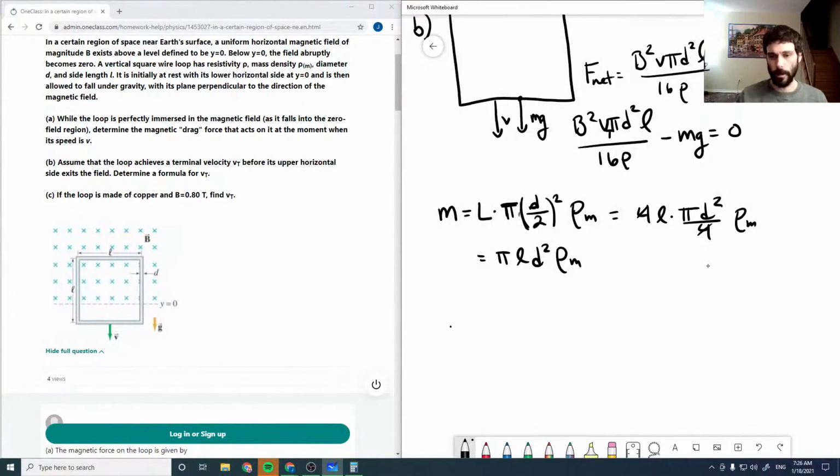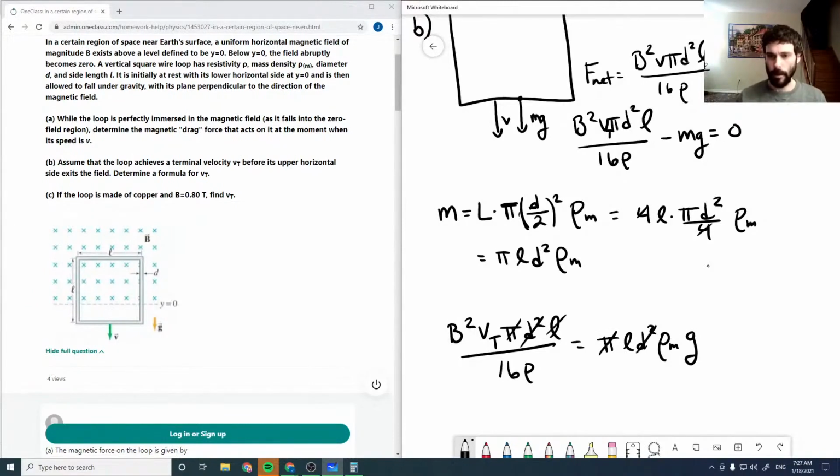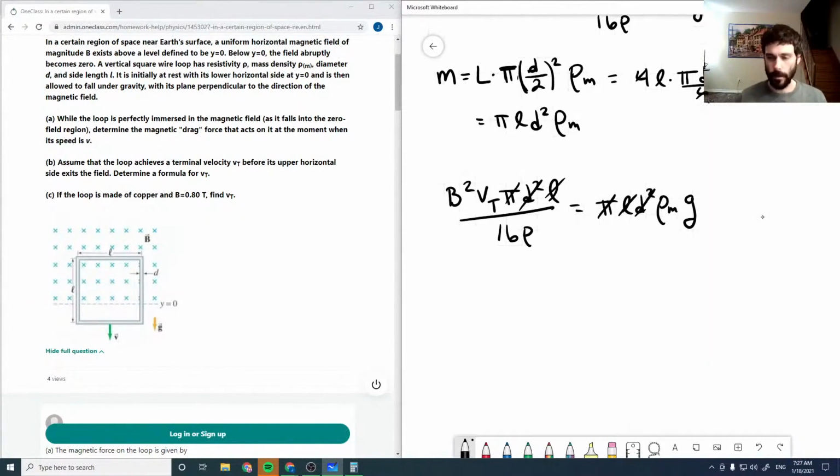So first, moving things to either side of the equation, and then we can cancel the pi, cancel the d squared, cancel the L, and then solve for our terminal velocity.